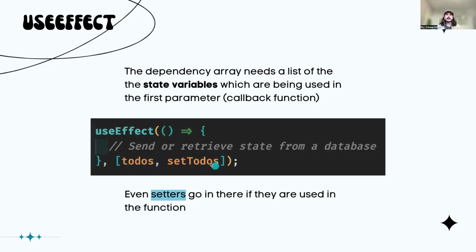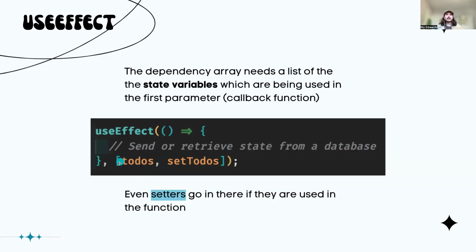So anything in this dependency array, any of this state, whenever this state changes, then our function will rerun. And the key part of that is if we change our to-dos and we want our database to be synced up with our to-dos to get the latest updates, it would be nice if whenever our to-dos changes, like we add a new to-do, this useEffect synced it up with our database, if it made calls to the database.